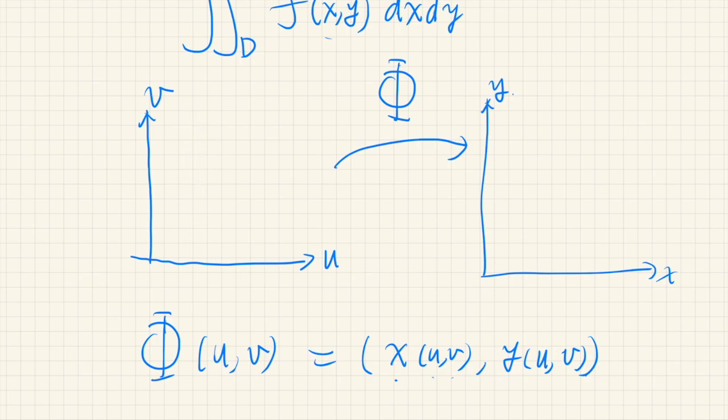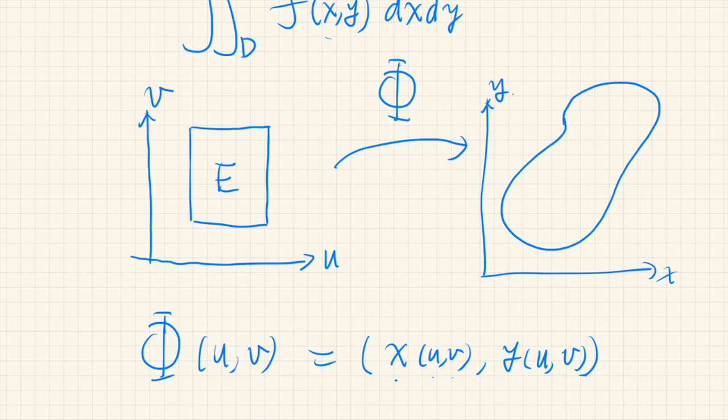Suppose we have a bounded closed region E in the UV space. By this transformation, this bounded closed region is mapped to some bounded closed region D in the XY space. We are assuming this phi is a continuous map.